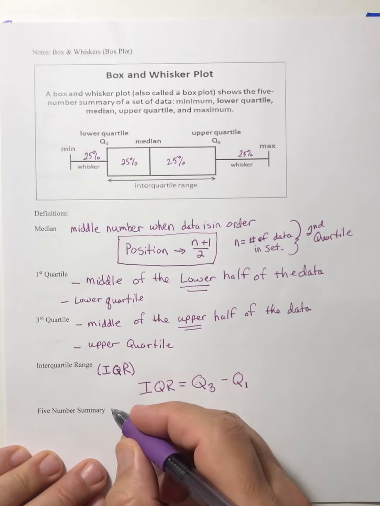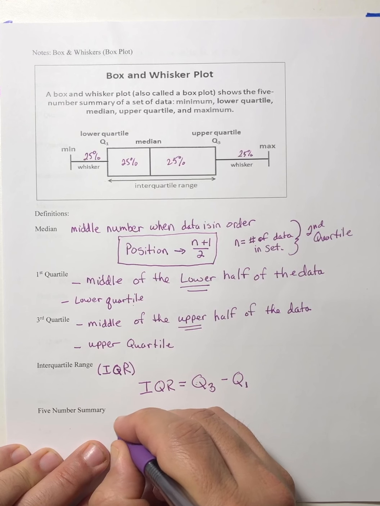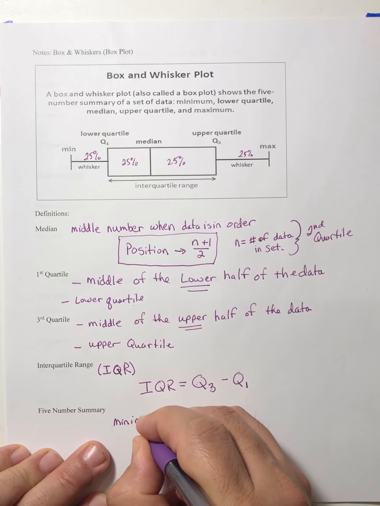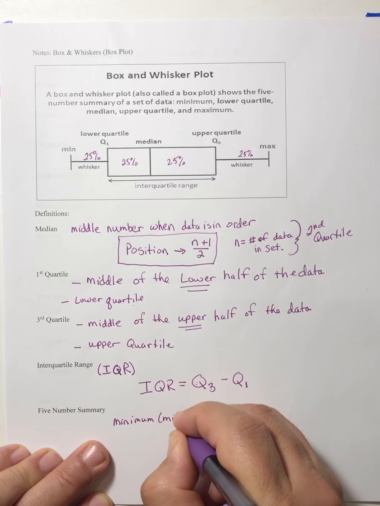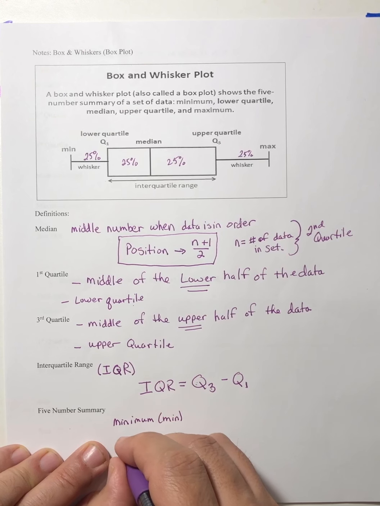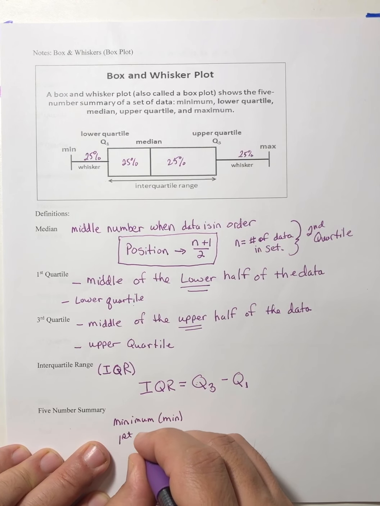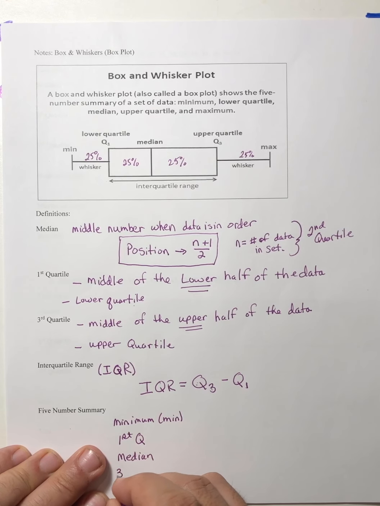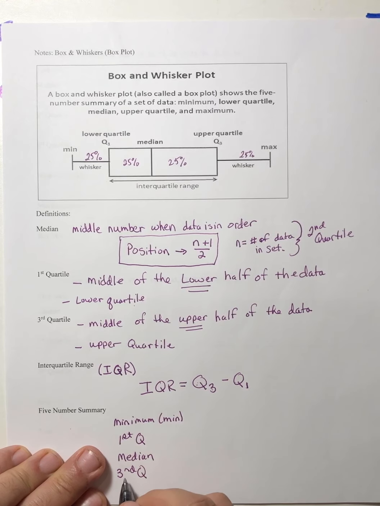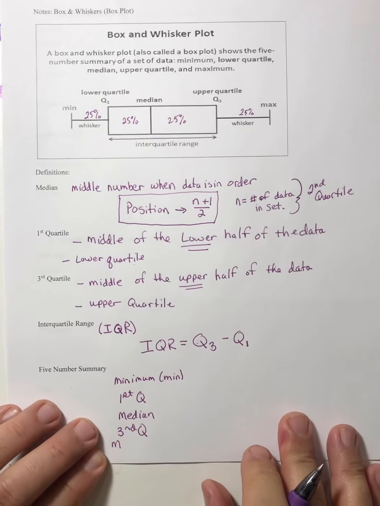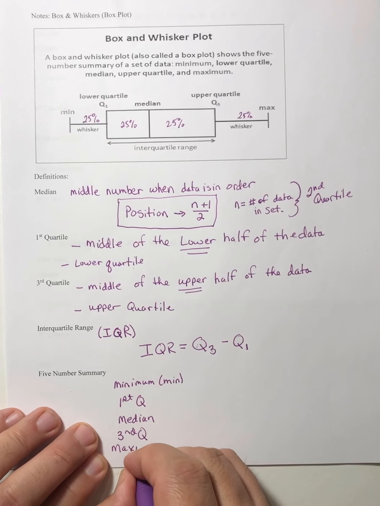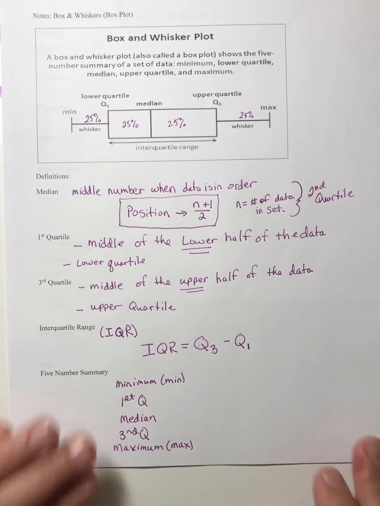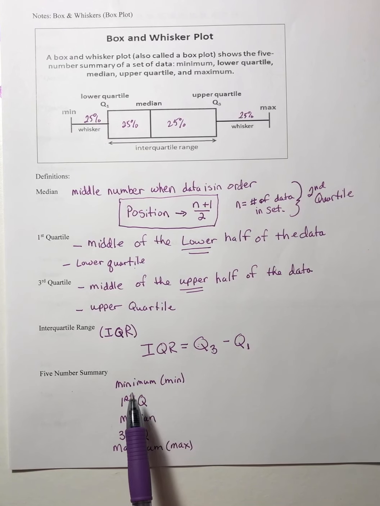The 5-number summary is literally the min, or minimum, the first quartile, so I'm just going to put first Q, median, third Q, and then the max. Okay?